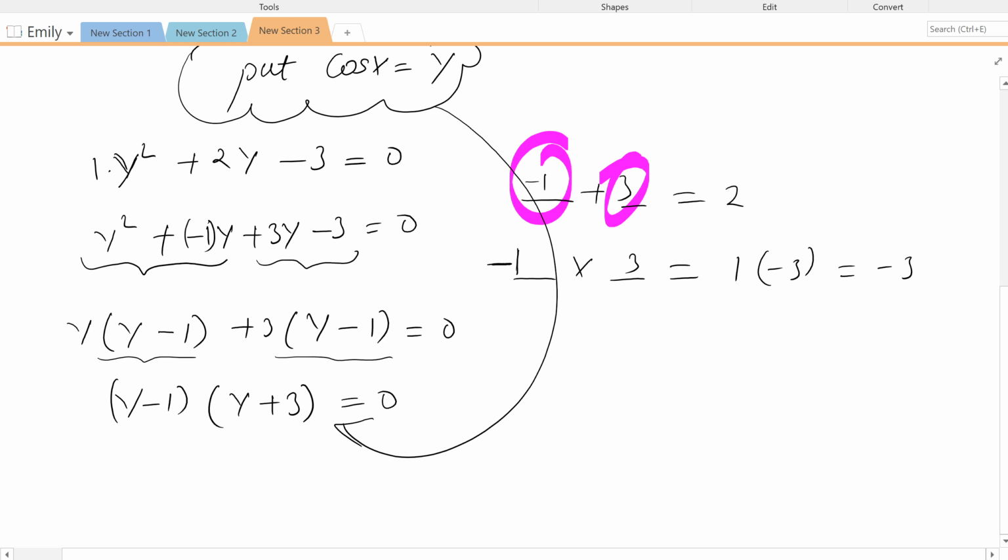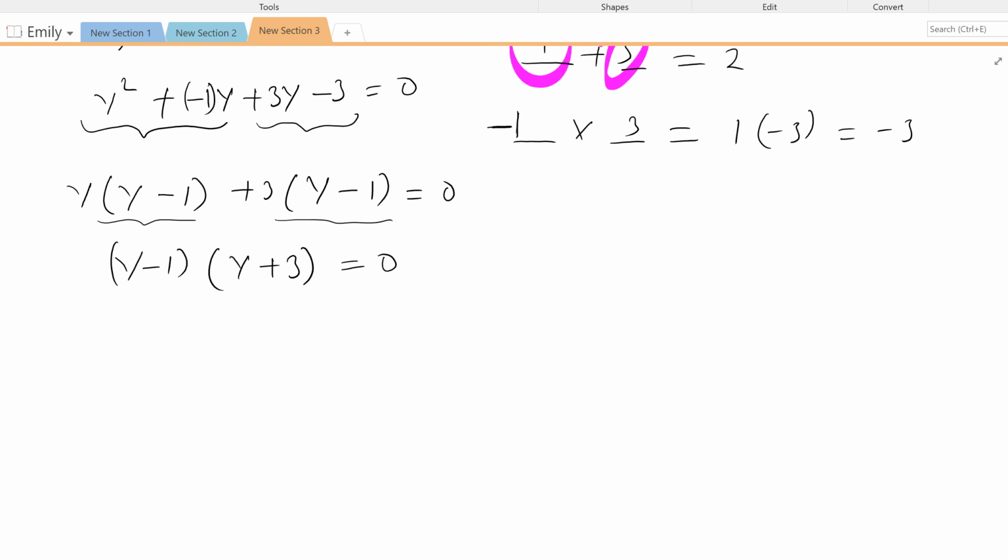Now, we can do that later. Let's find all the y values which satisfy that equation. So what y values satisfy that? y equals 1 and y equals minus 3.